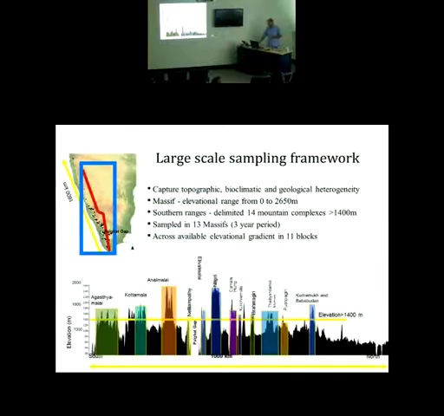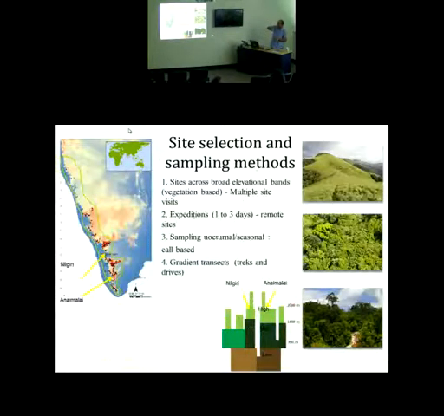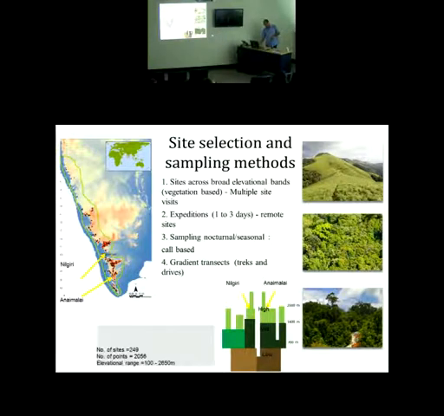We also sampled across all elevational gradients in these blocks, and across the elevational gradients, we sampled a range of climatically different habitat types. So in a sense, we placed a grid over the entire Western Ghats and went out and sampled every topographically, elevationally, and climatically different region.